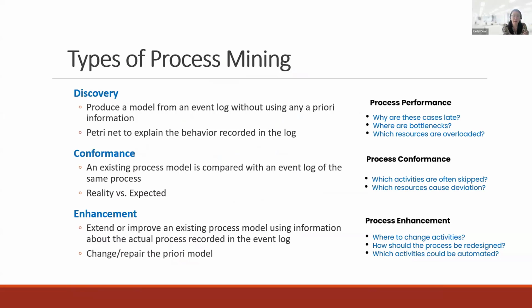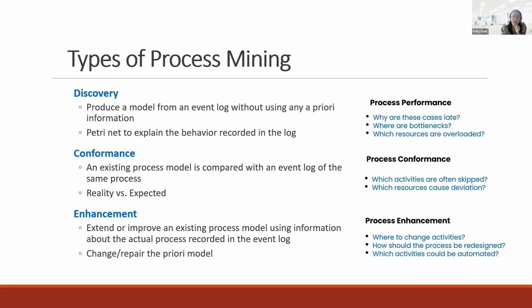Under this step, you will see all the different variants, and together they represent the whole process model. Oftentimes, users examine these processes and evaluate the process performance. Some of the questions you may ask: why are these cases late? Where are the bottlenecks? Which resources are overloaded?